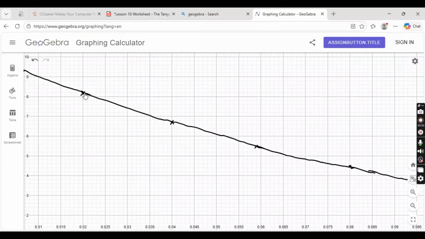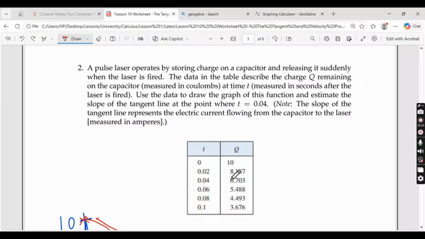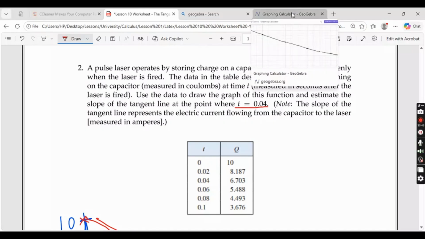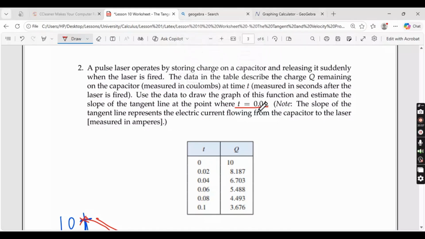You mean this point, 0.02? Yes. It's 8.187. We can say 10 minus 8.187 divided by 0 minus 0.02. But we are looking for where t is equal to 0.04. Oh, sorry, I didn't realize. Then we can say 10 minus 6.703 over 0 minus 0.04.